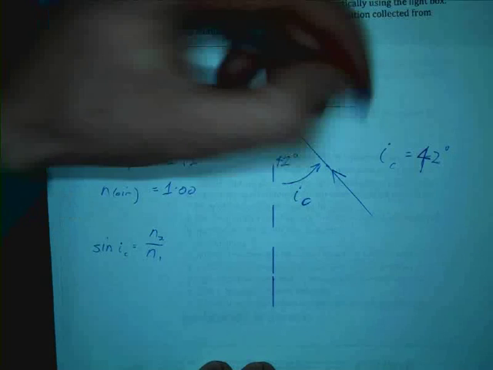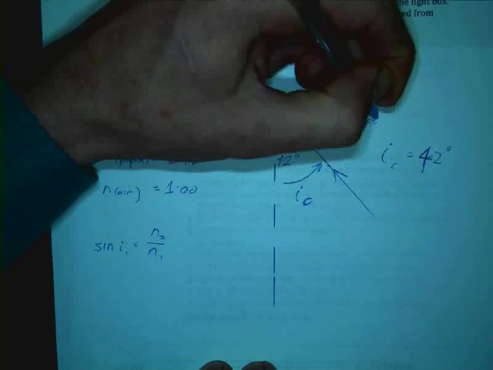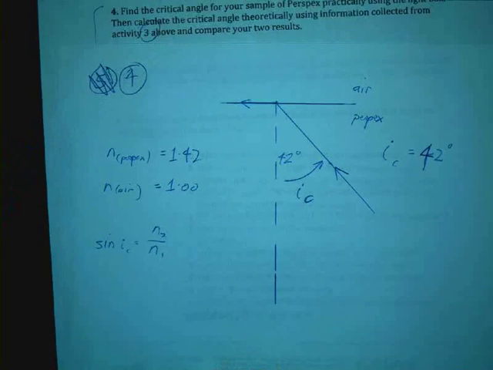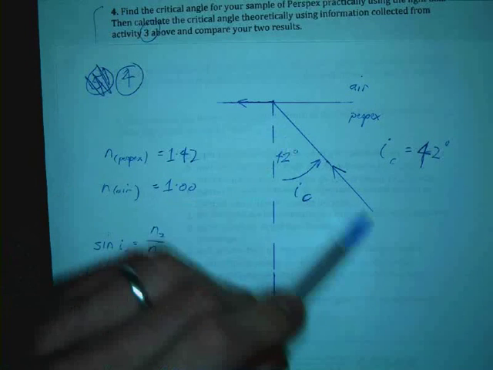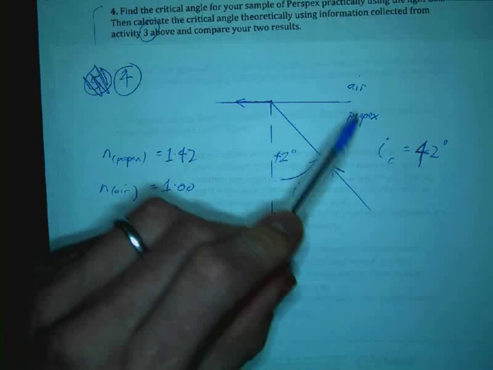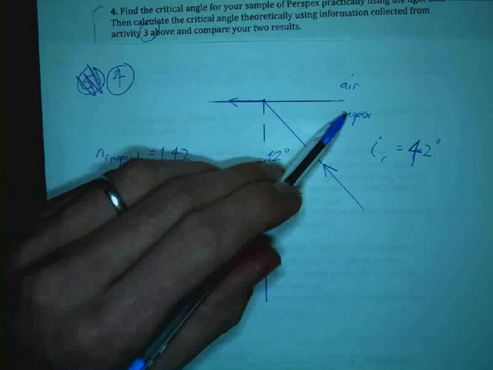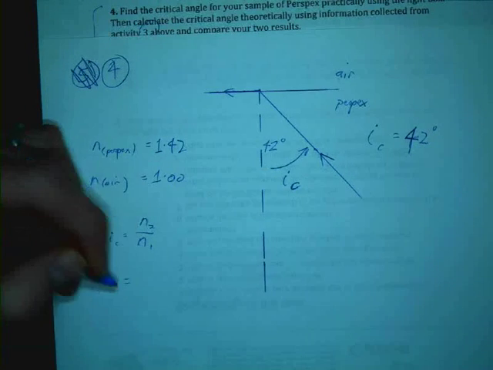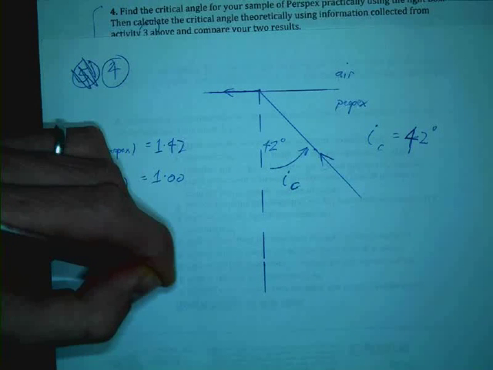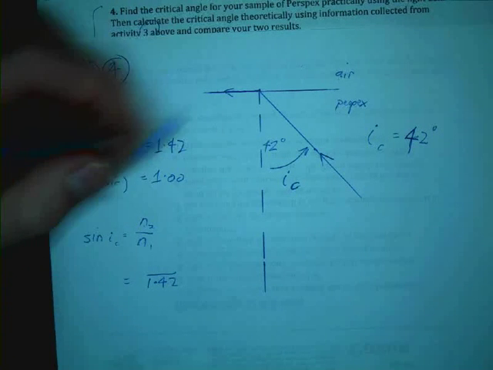So, don't forget that in this situation our ray of light has gone from perspex to air. So this is N1, this is N2. Alright, so N1 perspex 1.42, N2 is air.